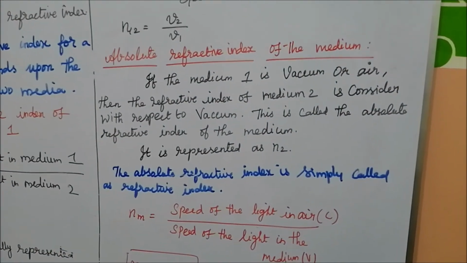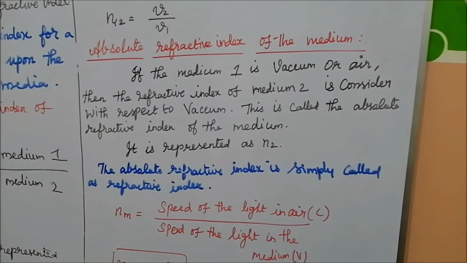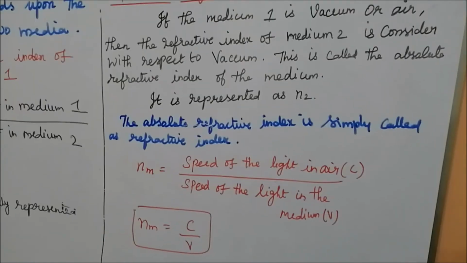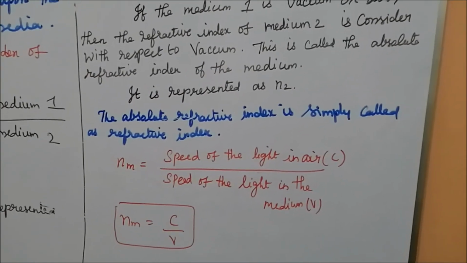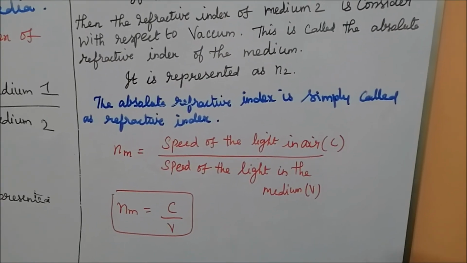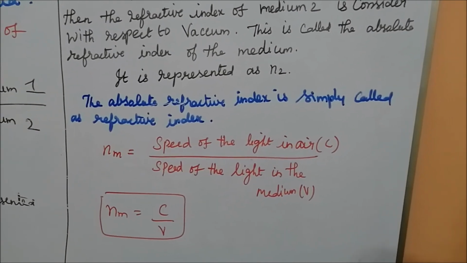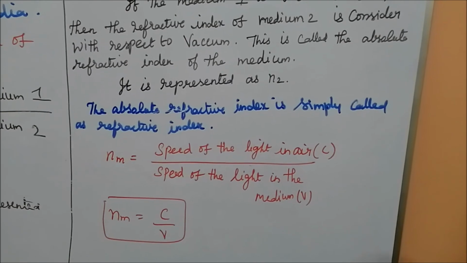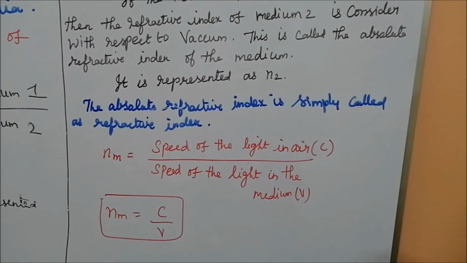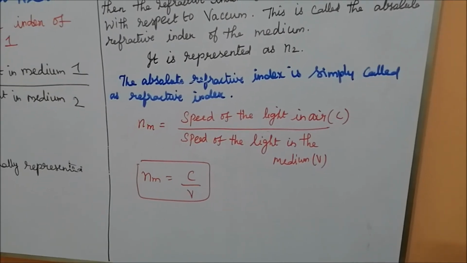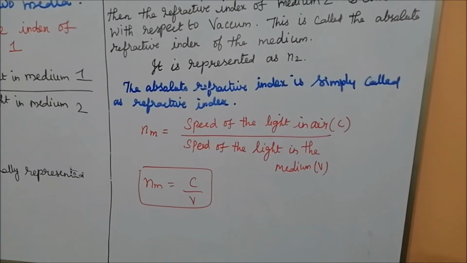The absolute refractive index is simply the refractive index. So, Nm, the refractive index of the medium, is equal to speed of light in air divided by speed of light in the medium. The speed of light in air is denoted as C and the speed of light in the medium is denoted as V. Refractive index of medium Nm is equal to C by V.